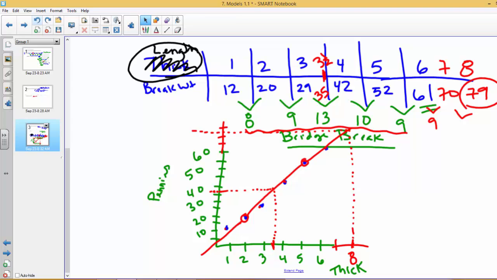All right, so you have a sheet, and right now I want you to do the problems on the sheet.